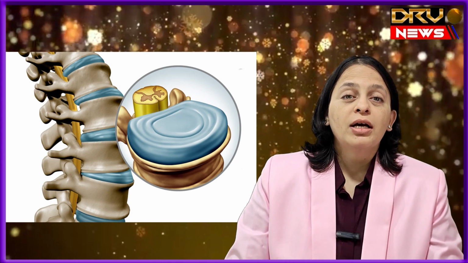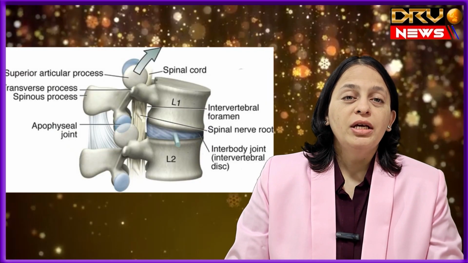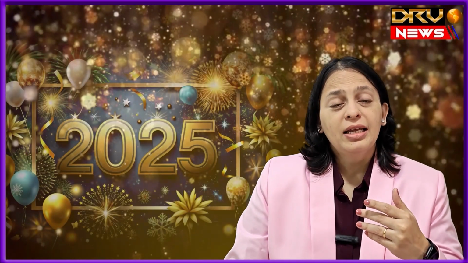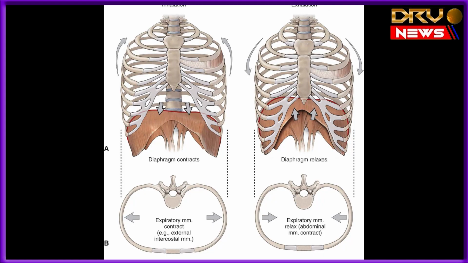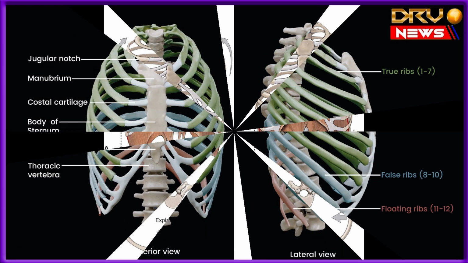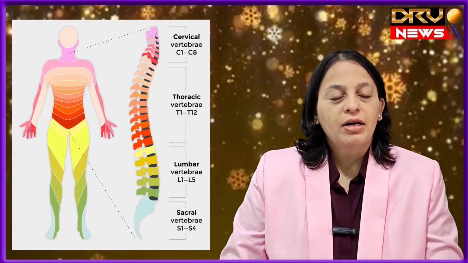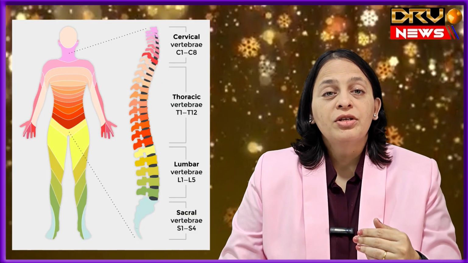These joints allow movement of the spine, which we require for flexibility. Then they also serve as an attachment to the ribs. So the thoracic vertebrae give attachment to the ribs, and the rib cage expands during inspiration, right? So that is important during respiration or your breathing. So here we have an entire length of the vertebral column serving different functions.